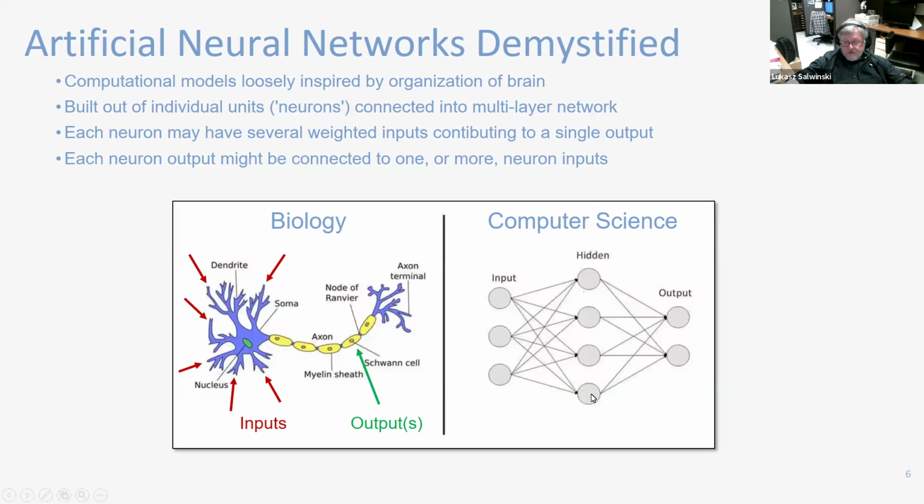Typically the neural networks are organized in layers, so you can have one layer that receives the input. Then there's one or more layers that are not connected to the outside world. They are connected only to the preceding layer, and the final layer receives information from the previous network and provides the output information, the result of the computation.